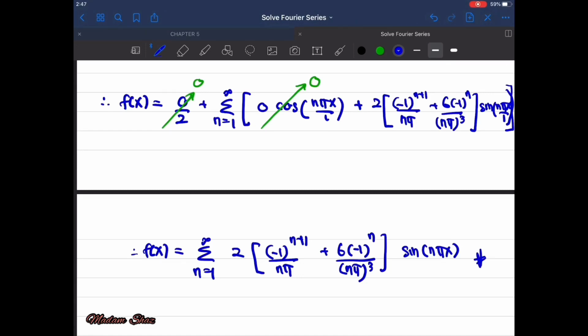So therefore we have shown that the final answer for this Fourier series expansion is equal to the 2 multiply negative 1 the power of n plus 1 divided with n pi plus 6 multiply negative 1 the power of n divided with n pi cube multiply with the sin n pi x. So this is the final answer for the Fourier series expansion for this question.